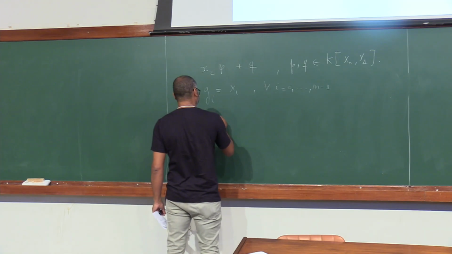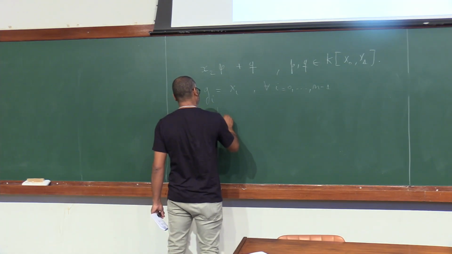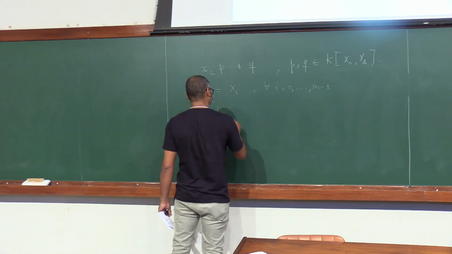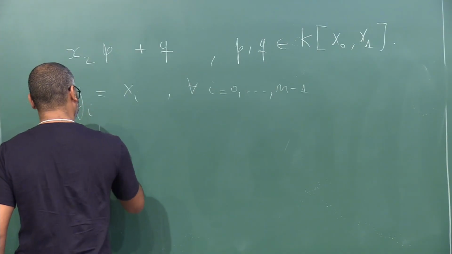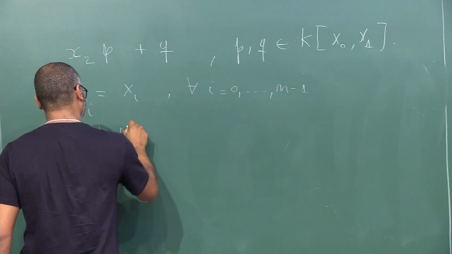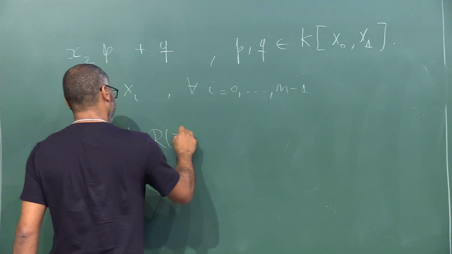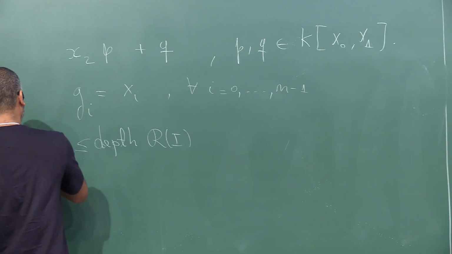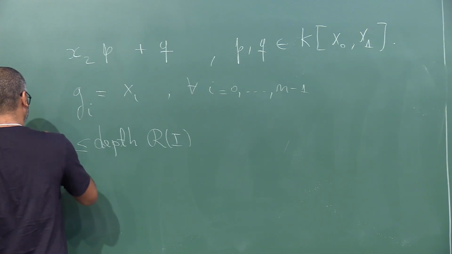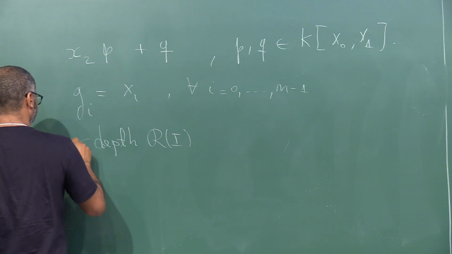Almost Cohen-Macaulay means that the depth of the Rees algebra of I is at least the dimension minus 1.